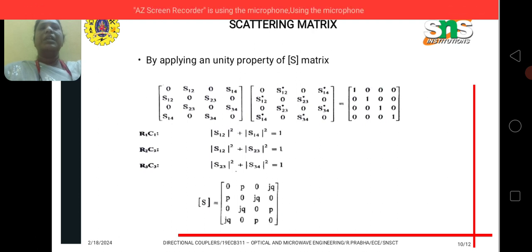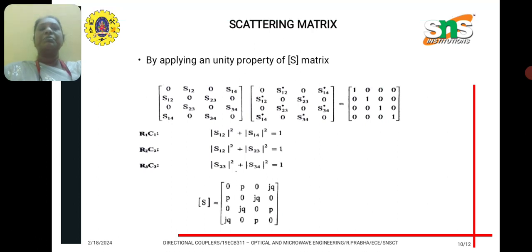Now we apply the unitary property of the S matrix. According to the unitary property, if we multiply S and its complex conjugate, we get the unit matrix. By multiplying these two, we get three equations. By multiplying row 1 and column 1, we get modulus of S12 squared plus modulus of S14 squared is equal to 1.